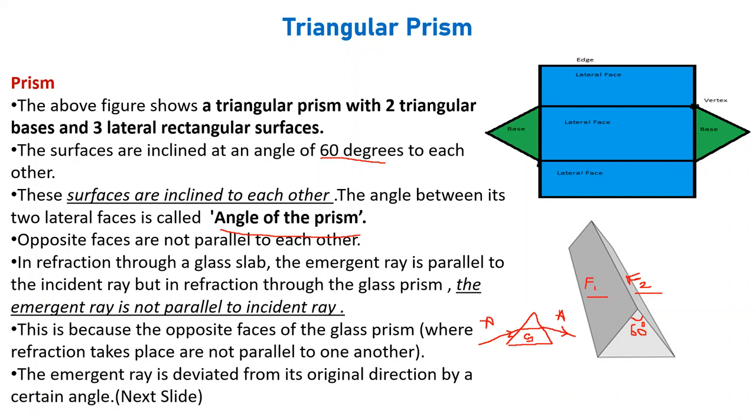Now this is my incident ray, I, small i, and which is this ray, children? Emergent ray, right? If you see, this emergent ray is deviated from the path, whereas in a glass slab we have seen that, let me draw a rough diagram of a glass slab.